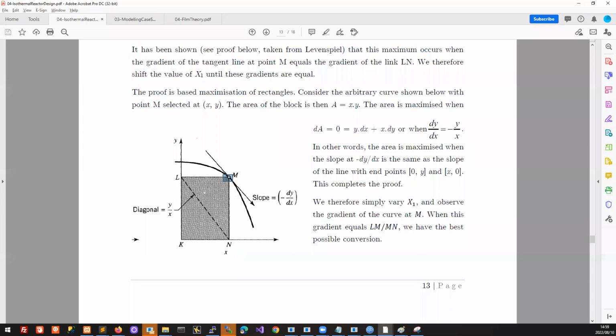I've got some curve y of x, and I can pick any x value. I want to pick a value for x which is going to maximize this area, right? What's the value of x that, when you choose it and draw a box using that point and the origin, maximizes that box?